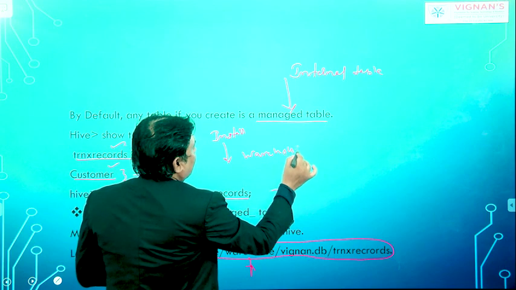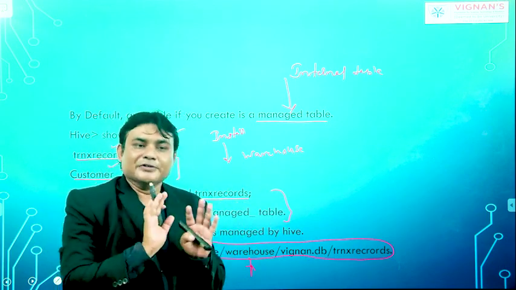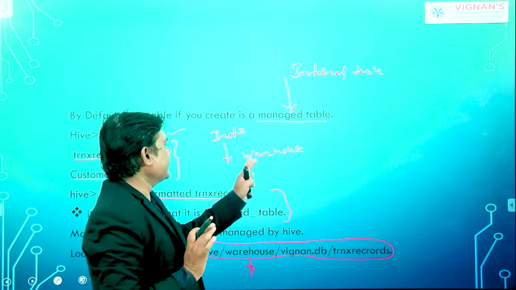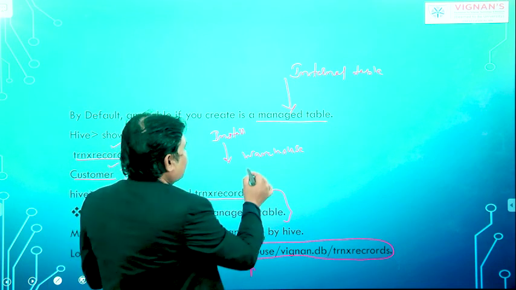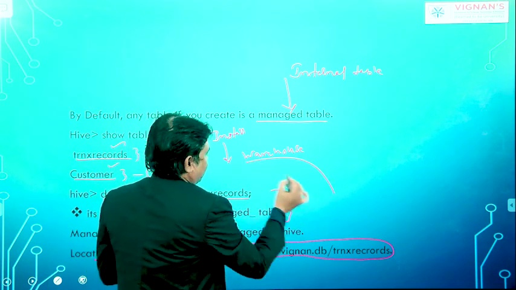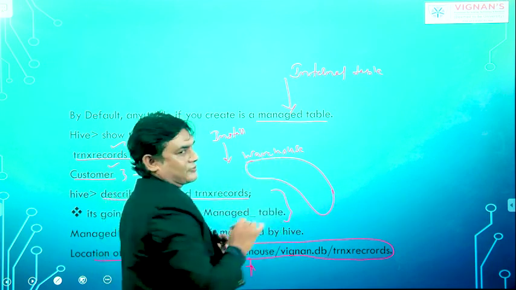This is a directory created during Hive installation. When you install Hive, we get this directory by default, called warehouse. What is this warehouse? It is the collection of all databases. Whatever databases we create, we can find them in this warehouse.